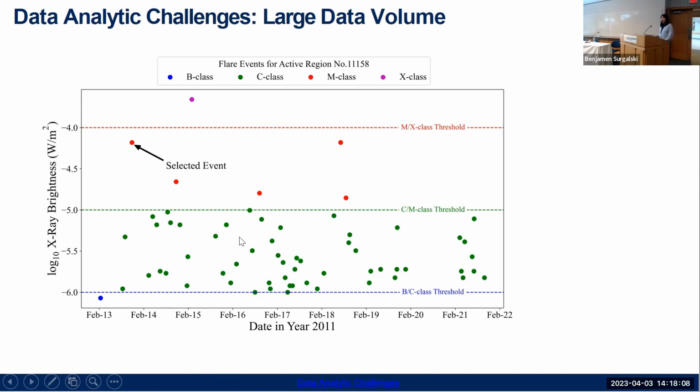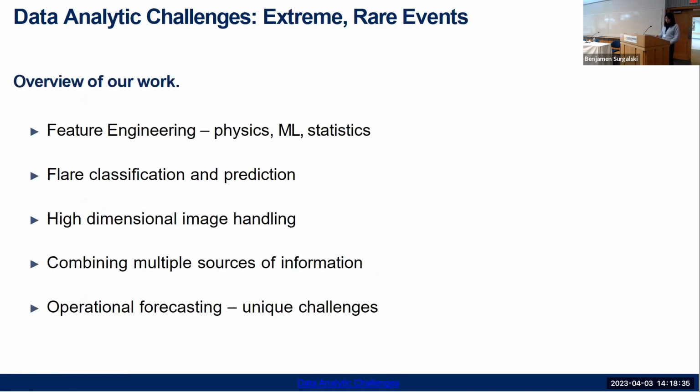Those flare events are not as interesting to us because the Sun can keep flaring, but if it doesn't impact us, who cares? But the things that we're interested in are actually the red dots and especially the purple ones. It happens very rarely. Those are very extreme, very strong, but rare events. So we're actually targeting predicting those kinds of events. So that's another data analytic challenge that we are faced with.